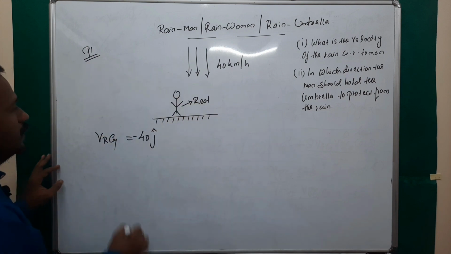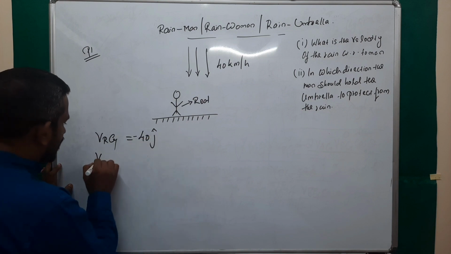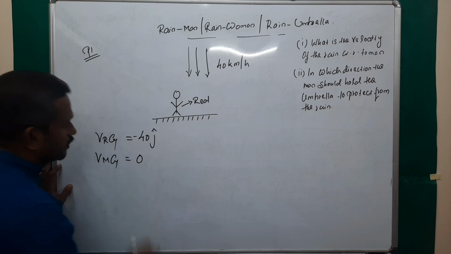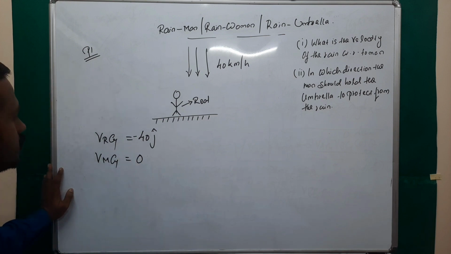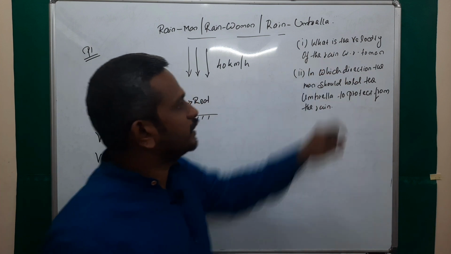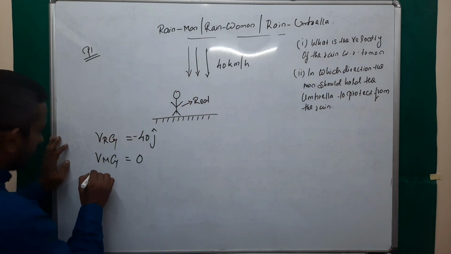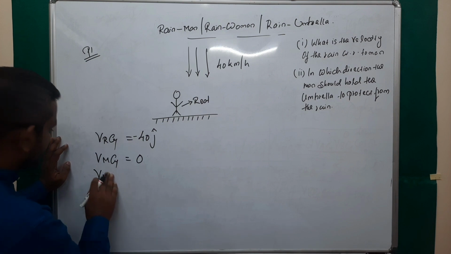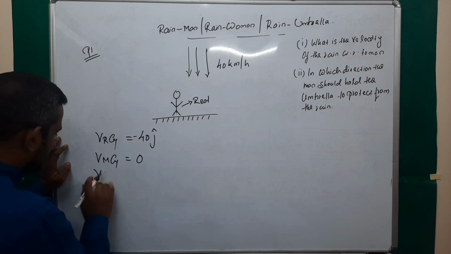The velocity of the man with respect to ground is 0. So we have to find the velocity of the rain with respect to the man.